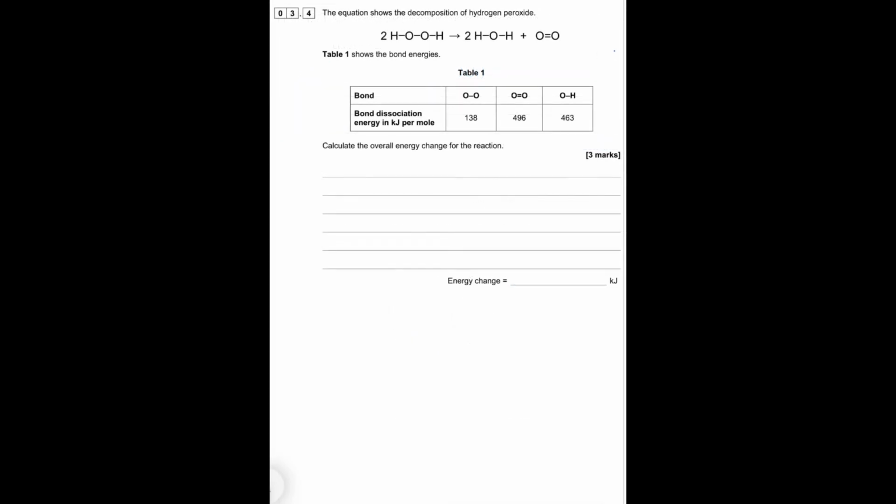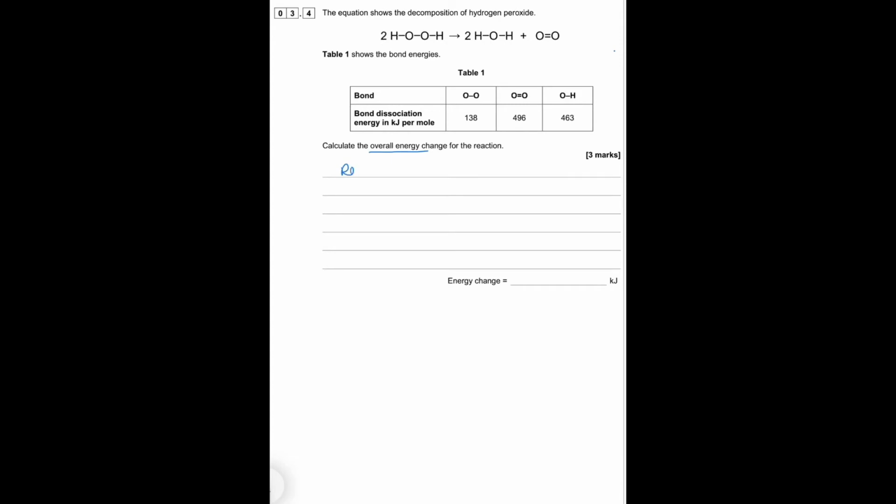Now for this question, we have to calculate the overall energy change for the reaction. And the overall energy change for the reaction is going to be the total bond energy of the reactants take away the total bond energy of the products.